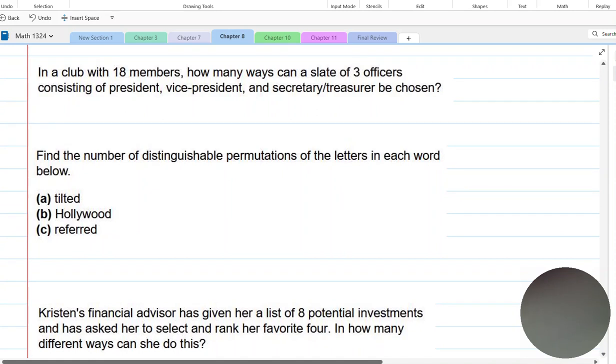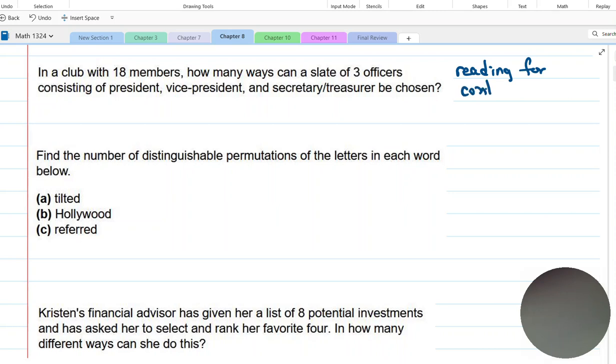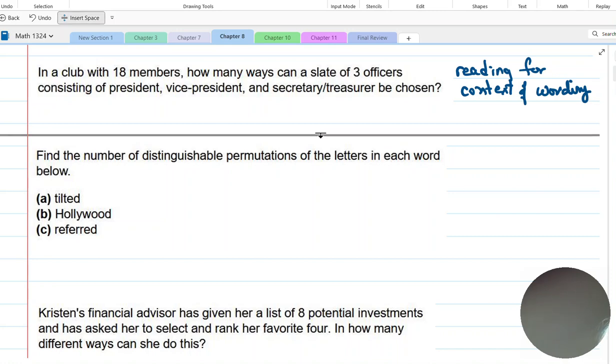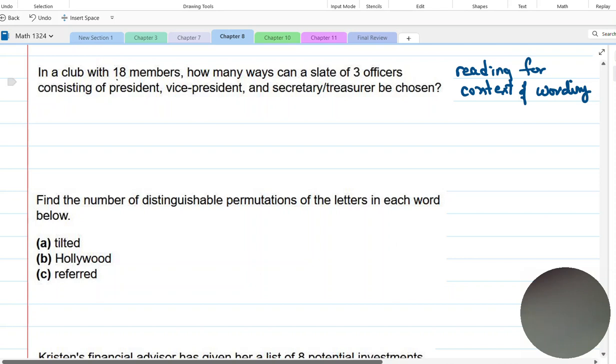And we're reading now for context. We're wanting to see if it's a specific order. Remember, a permutation is a specific order. So let's read. In a club with 18 members, so my N is 18 members.